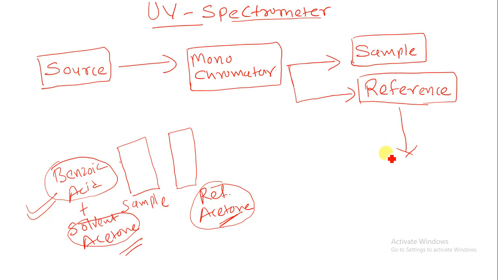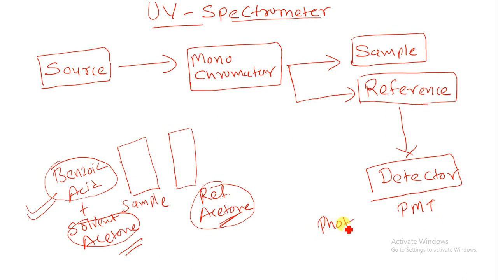From the reference, the UV radiation passes to the detector. Here we have a photomultiplier tube, PMT. The photomultiplier tube detects the UV radiation and sends it to the recorder.